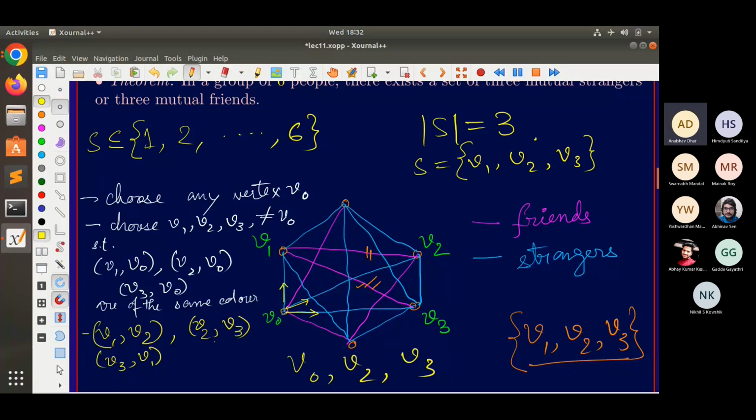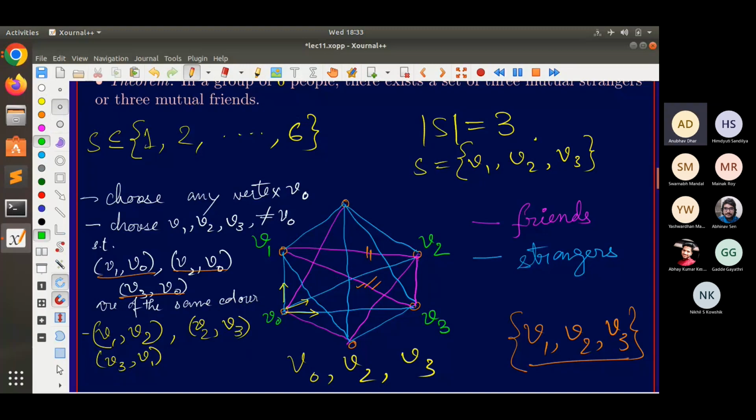So if any one of them is of the same color as these three edges, then we are done. Otherwise, edge V2V3 is also of color magenta.